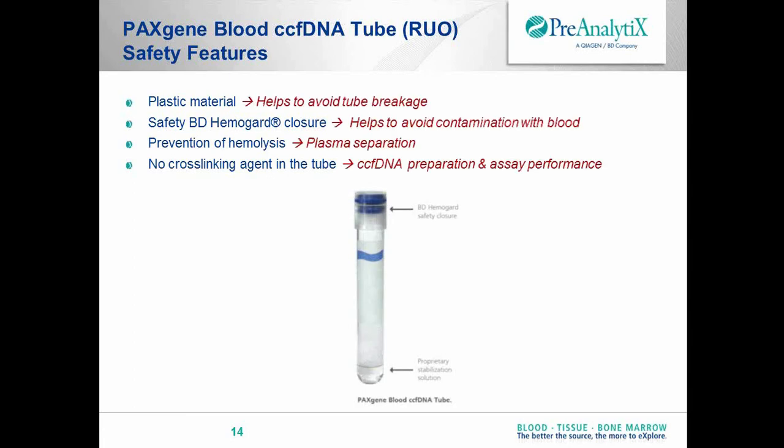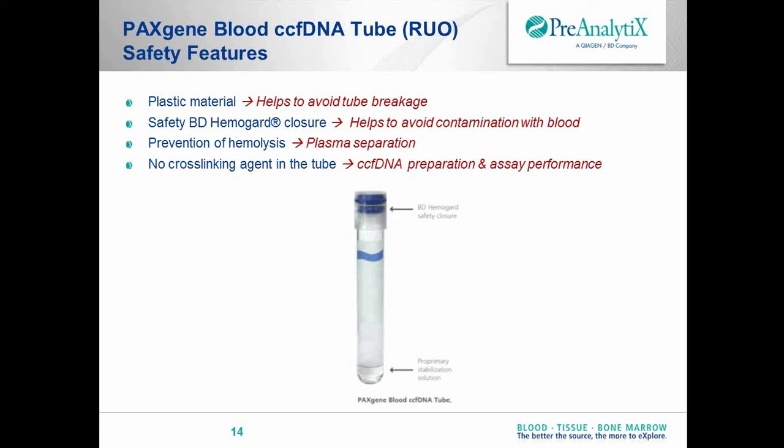So we have plastic material with the tube, which of course helps to avoid tube breakage. We have at the top these safety BD Hemoguard closures, so this of course is also different compared to, for example, the STRAC tube. This avoids that the blood in the tube, if you open the tube, contaminates your workbench or even your other samples.